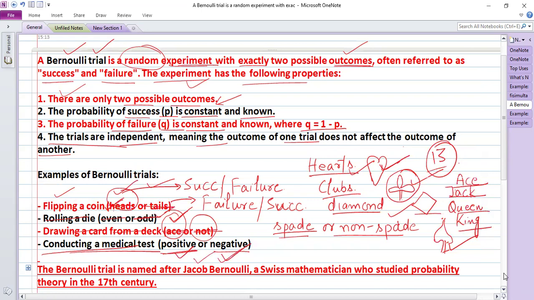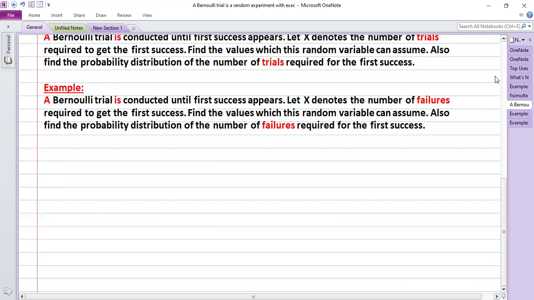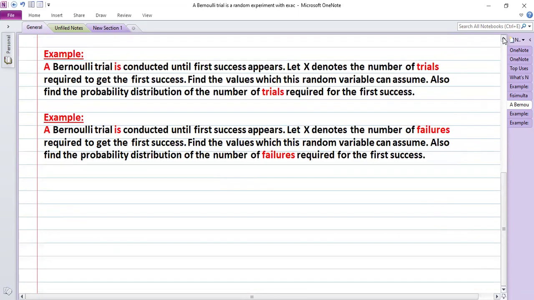Now, based upon this, we have very interesting questions. Suppose a Bernoulli trial is conducted until the first success appears. Means we are conducting the Bernoulli trial until our first success appears, and once the first success appears, we stop.